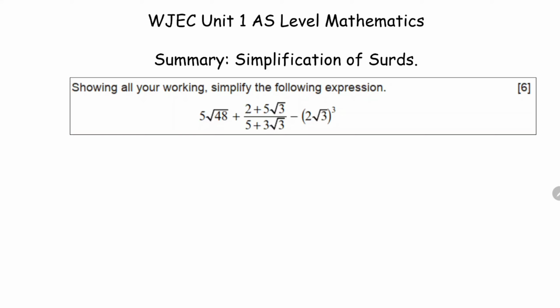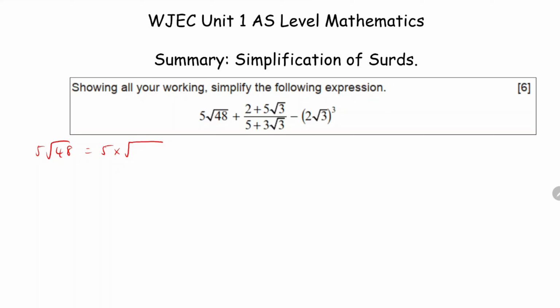Okay, we're going to simplify each term individually. First term is 5 root 48. So we're looking for square numbers that go into 48. The most obvious being 4.